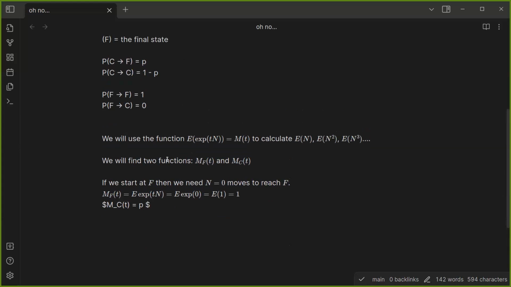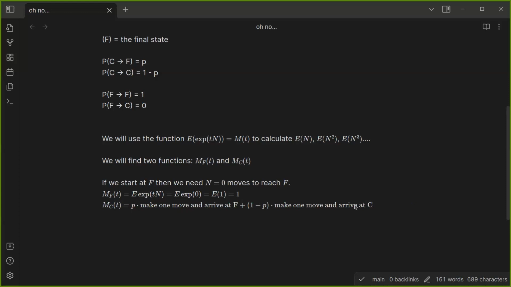So with probability P, we will make one move and arrive at F, or with probability 1 minus P, we will make one move and arrive back in C. So basically there are two probabilities, two subcases we need to think about.